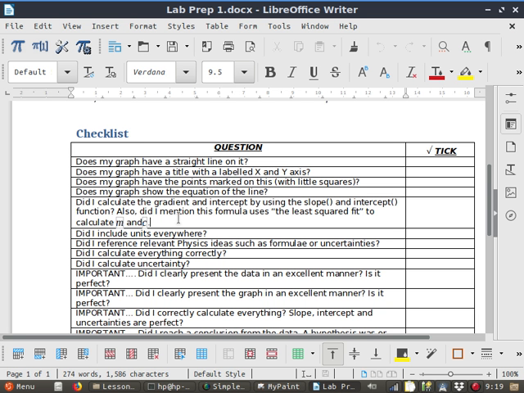So that's the R, and this is in ohms, and this is in volts. Okay, so that's what I mean by did I calculate the gradient and the intercept by using slope and intercept.